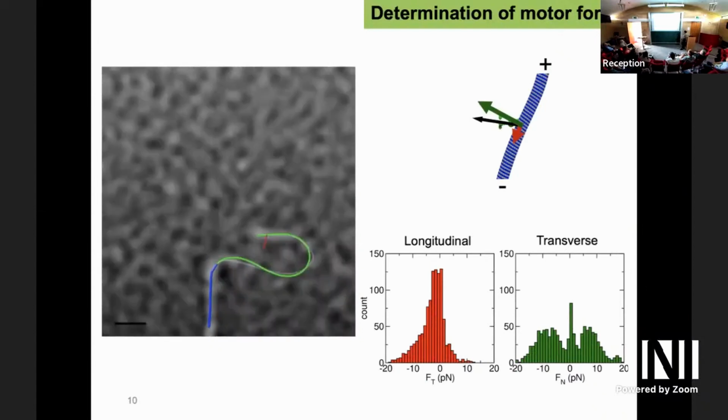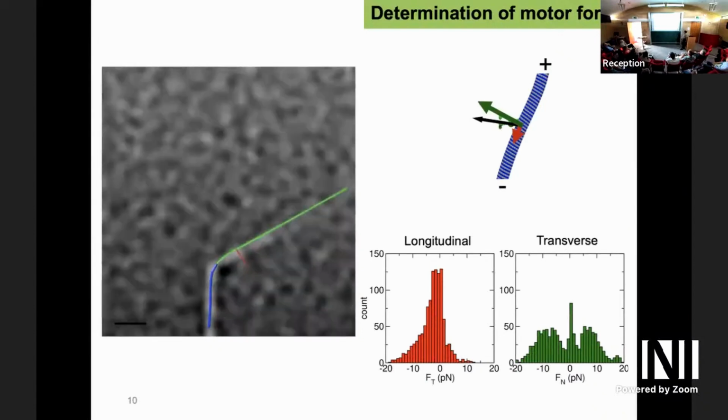If you take the force distribution and decompose it, of course you are interested in the longitudinal component. By considering that you are between 0 and 10 piconewton, and by using the values in the literature about the kinesin force, you can guess that for this kind of movement, 2 motors are enough to give you this deformation.